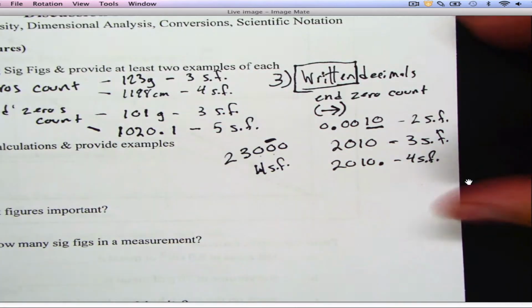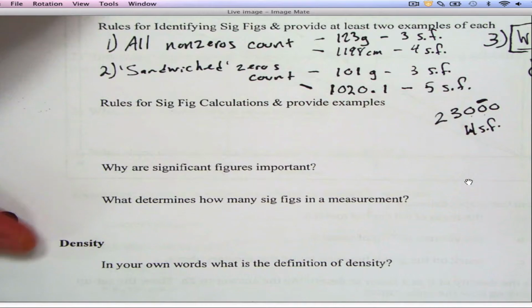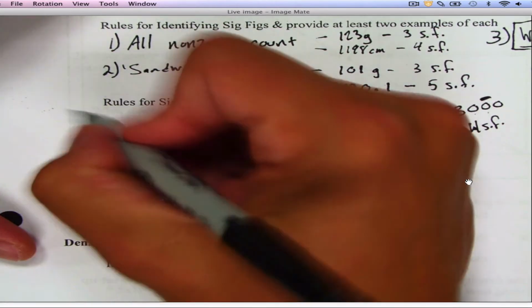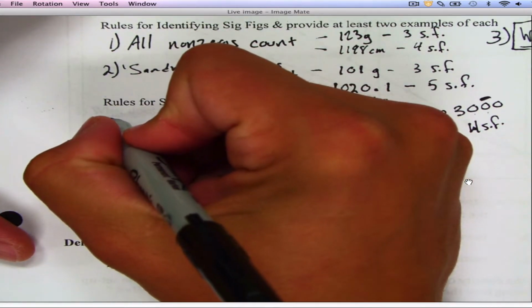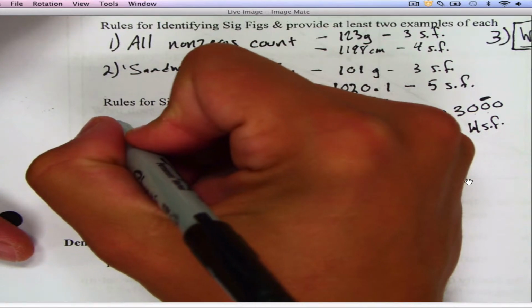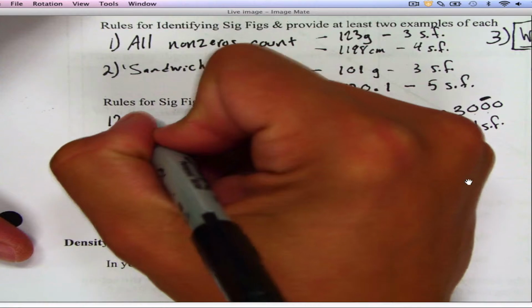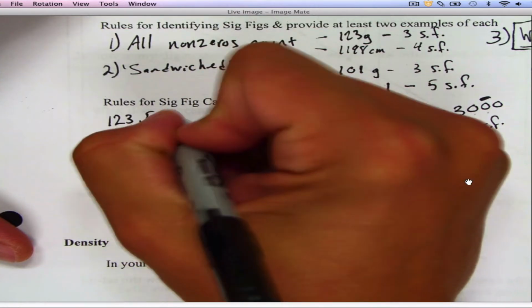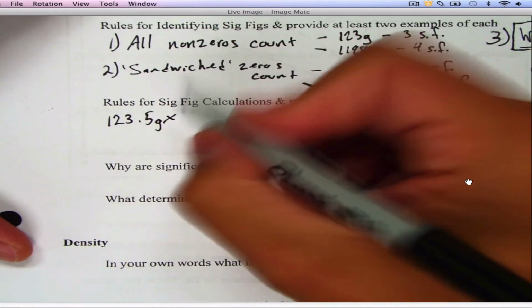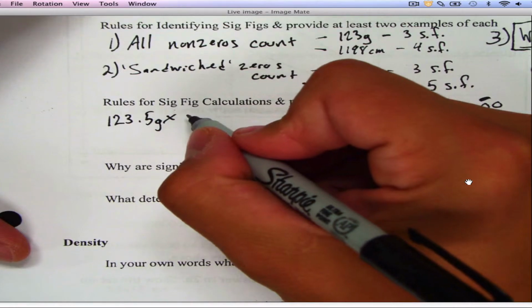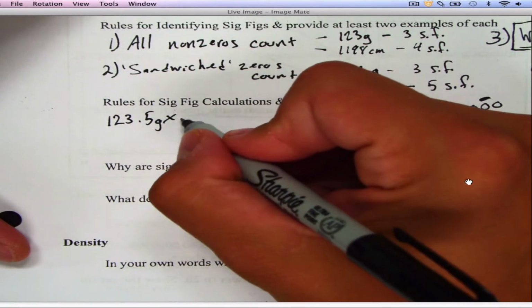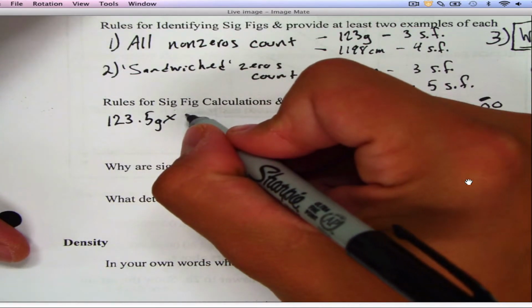So now that we can identify some significant figures, we have to be able to use them in calculations. So if I'm multiplying or dividing, which is what we're going to do mostly, let's say I'm multiplying 123.5 grams times, say 15.